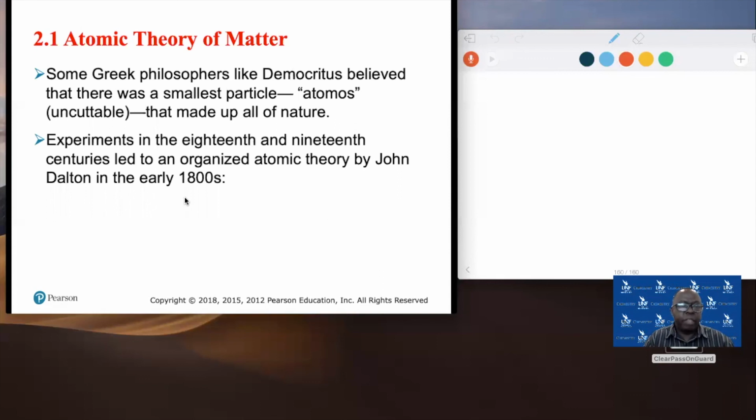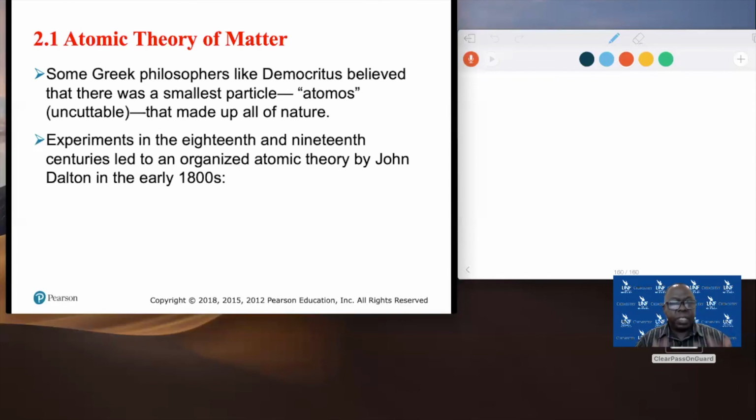whom I believe you have heard about, Dalton's theory. Based on experimental observations around 1800, which people could not explain until John tried to explain them. For example, the law of mass conservation. Matter cannot be what?